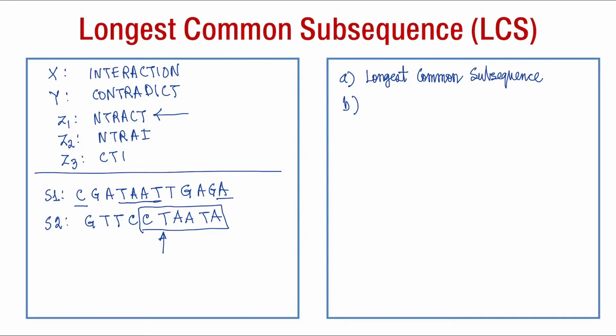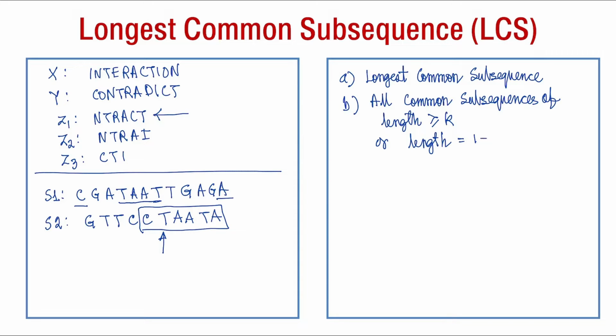We could like to find all common subsequences of length greater than or equal to k, or length which is greater than or equal to 1 minus epsilon of the LCS.